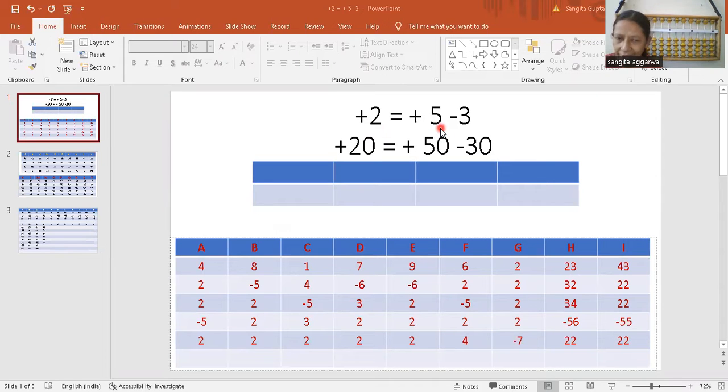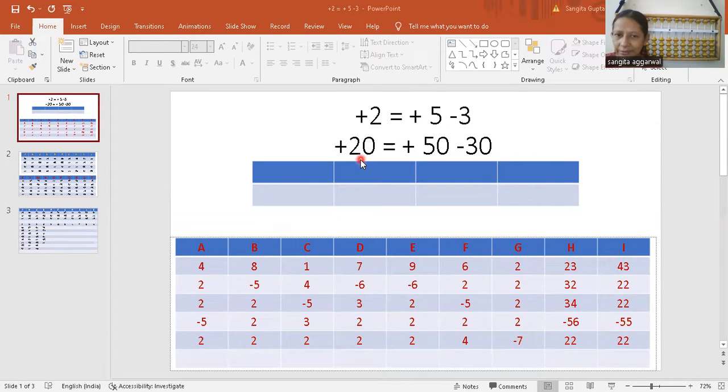In small friends or complement, you have to learn this formula: add-2 is equal to add-5 minus 3. And on the tens row, you will use the formula add-20 is equal to add-50 minus 30. And on the hundreds row, you will use the formula add-200 is equal to add-500 minus 300, and so on.